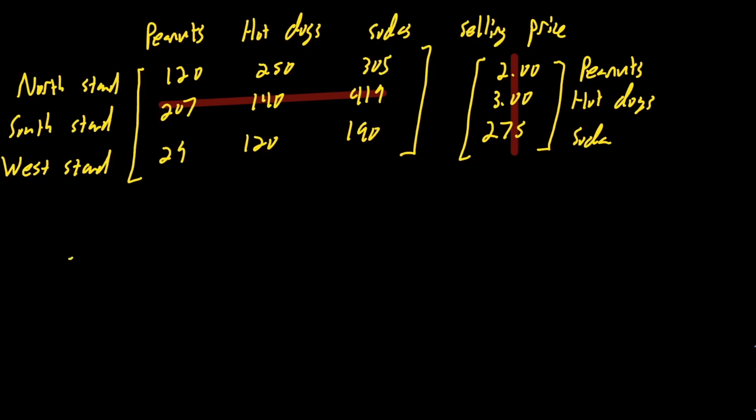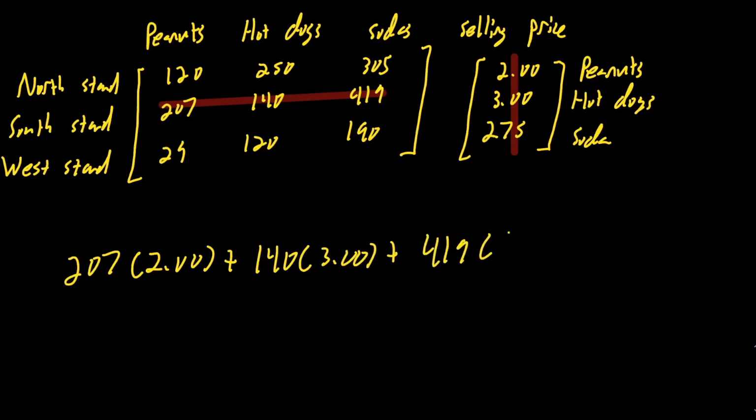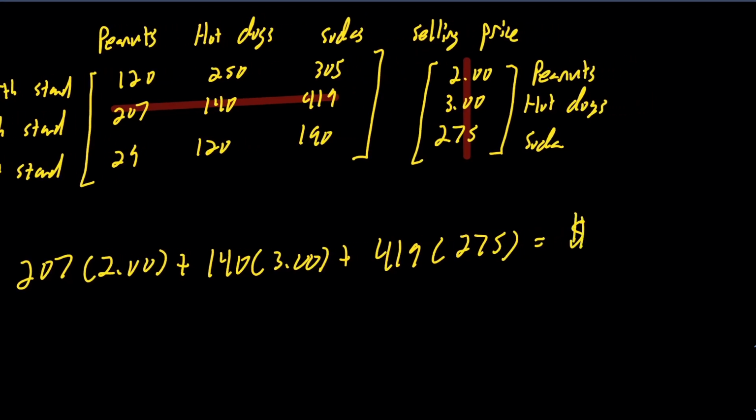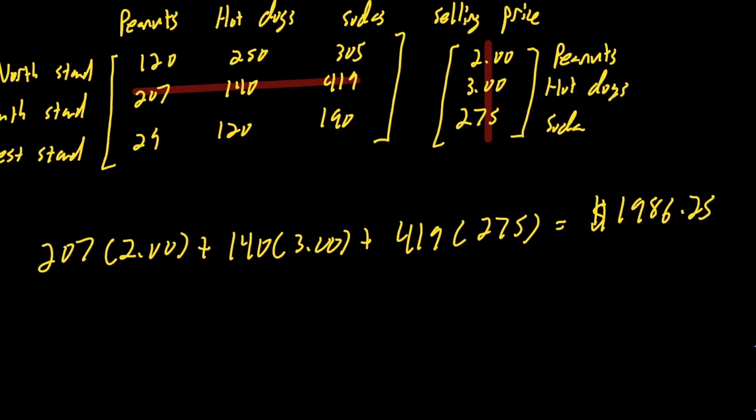Therefore, we're tasked with 207 times 2 plus 140 times 3 plus 419 times 2.75. And that gives us a total of $1,986.25. This grand sum indicates our sales at the south stand.